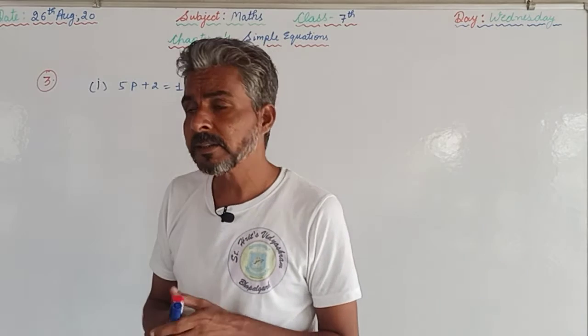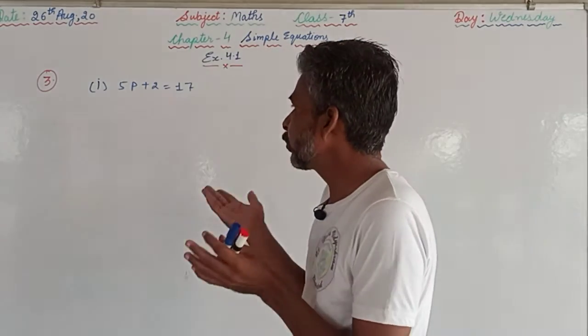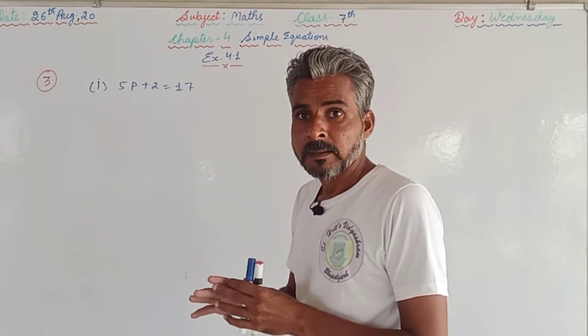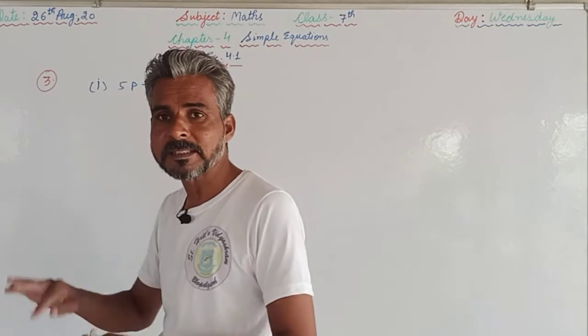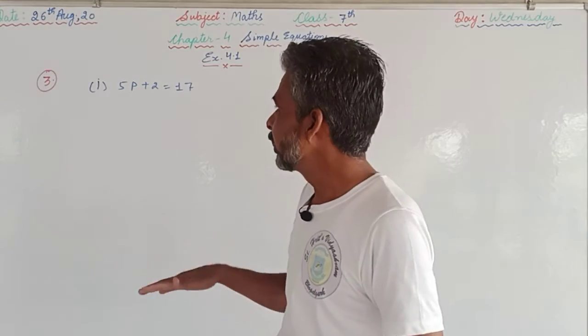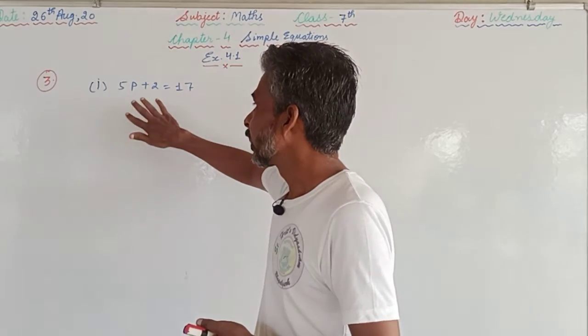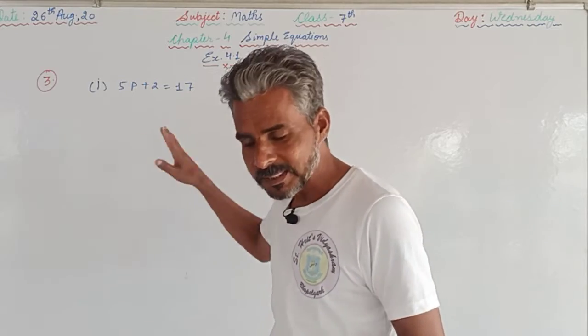Trial and error method, or we can say hit and trial method, means now we are supposed to take different values of p from ourselves, 0, plus 1, minus 1, plus 2, minus 2, plus 3, minus 3, and afterwards we are supposed to see which value of p satisfies this equation. That value of p will be the solution of this equation.